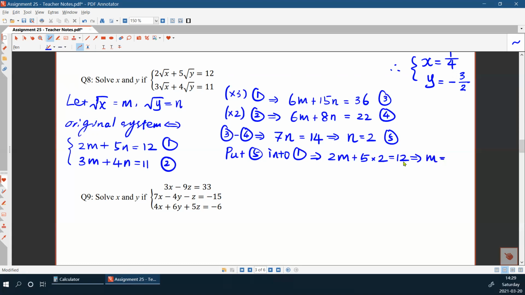And you can solve m is actually 12 subtracted by 10 is 2, and then divided by 2, that means m is 1. So that means square root x is 1. And square root of y is 2, right? So x is 1 and y is 4. This is our final solution, right?